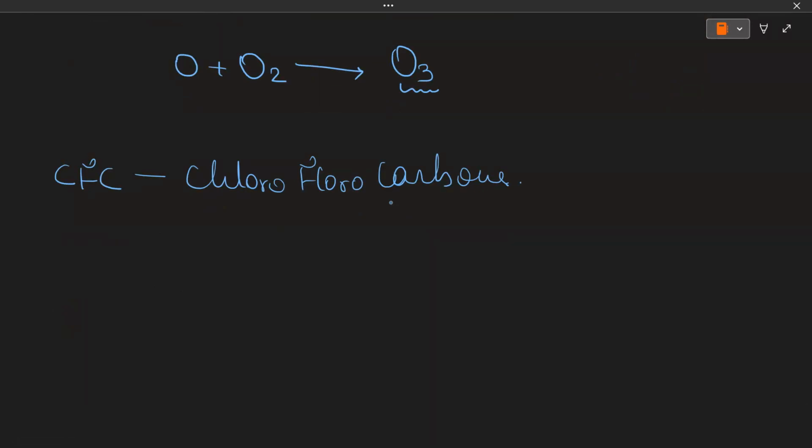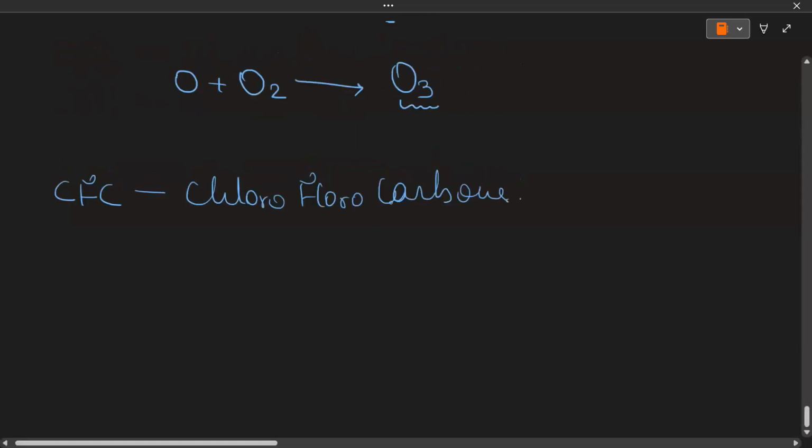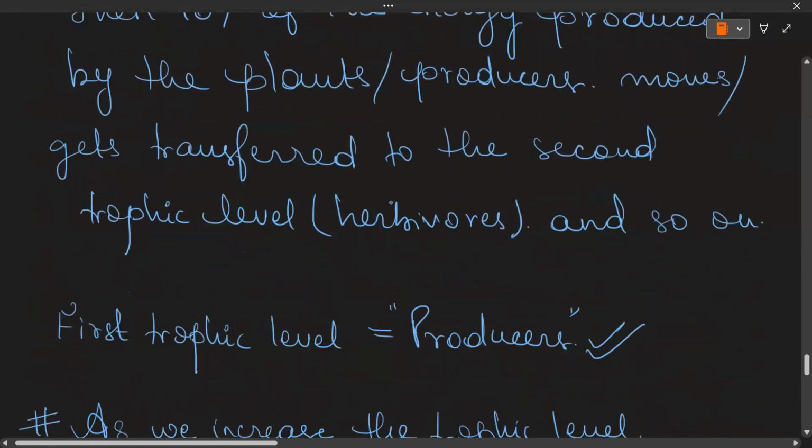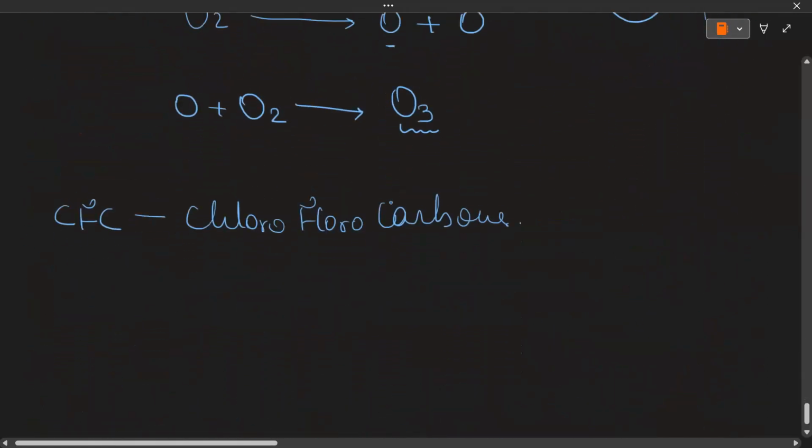Is it clear? Ma'am, I didn't get the UNEP part. Okay, at that point of time the ozone thinning was happening in the Antarctica.